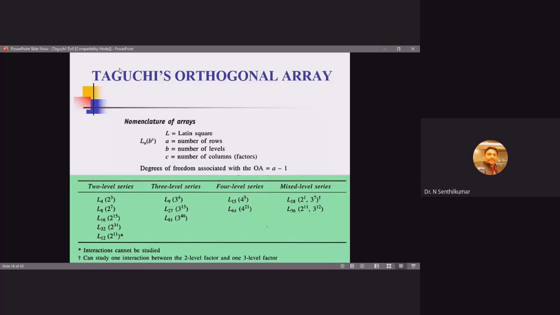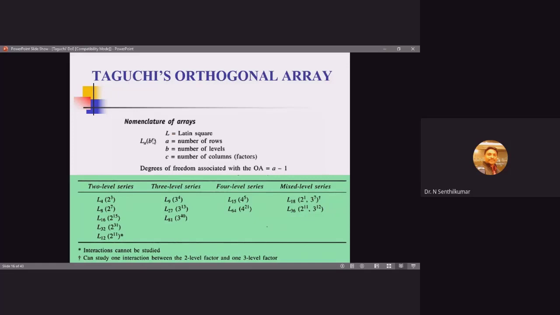Then B power C. The B is the number of levels, whether it is 2 level, 3 level, 4 level, 5 level. Then C is the number of columns. The number of columns is nothing but the number of factors. That is, cutting speed is a factor, feed rate is a factor, depth of cut is a factor, then approach angle is a factor, nose radius is a factor.